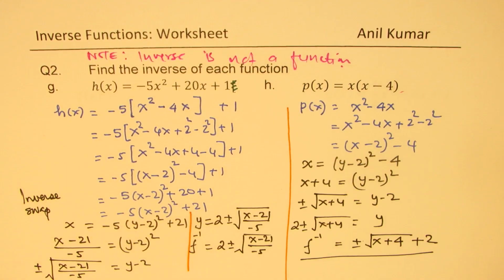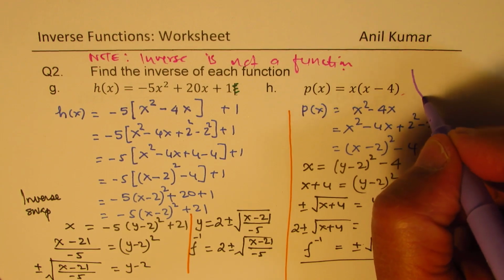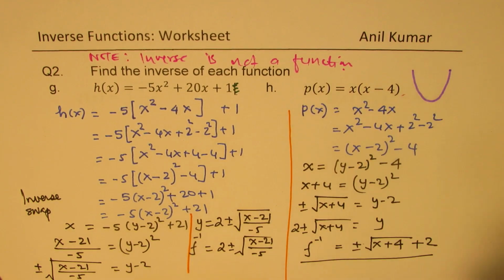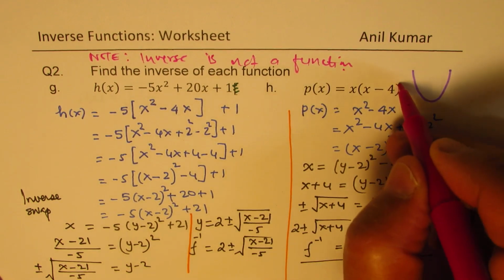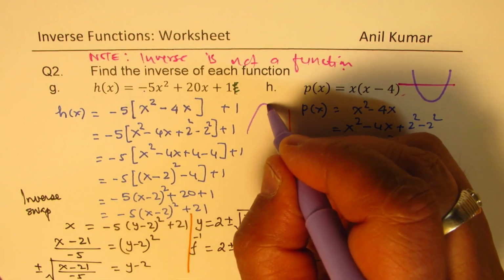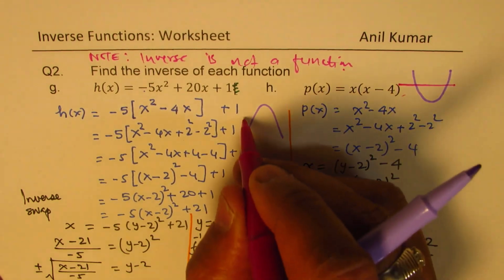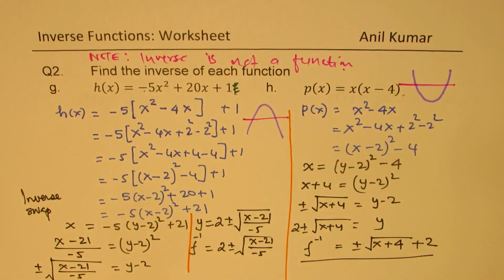The reason is very clear. Both of them are parabolas. This one is a parabola which opens upwards and it fails the horizontal line test. This one is a parabola which opens downwards and it also fails the horizontal line test, right? So the inverse is not a function. Is that clear to you?